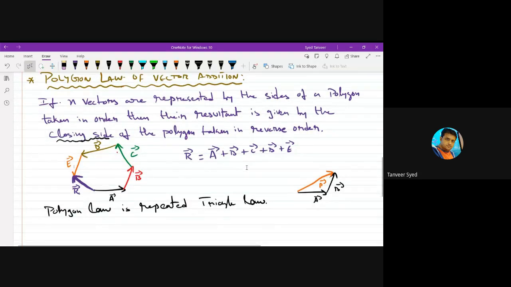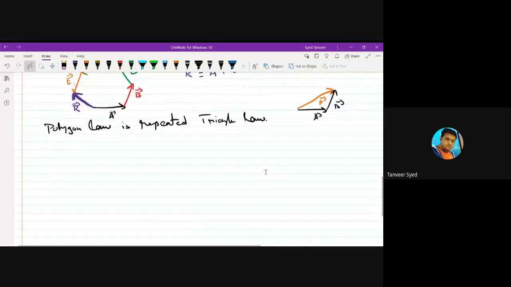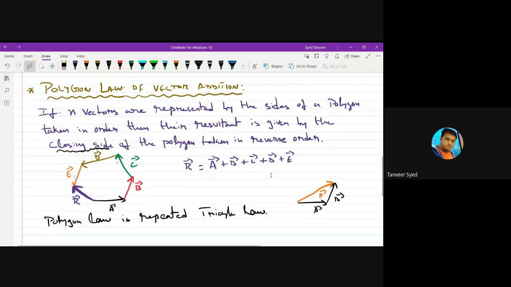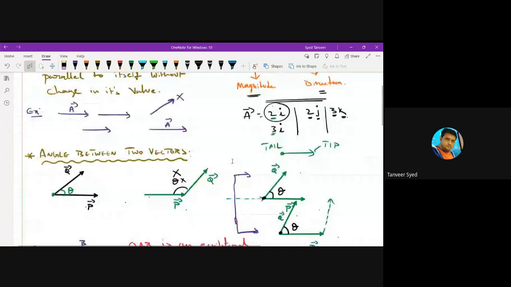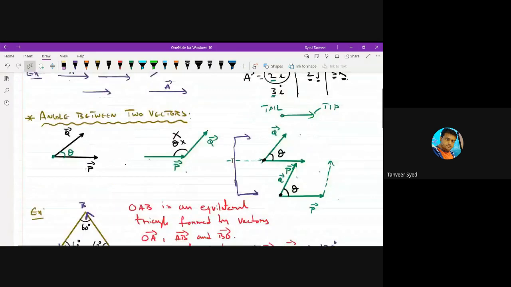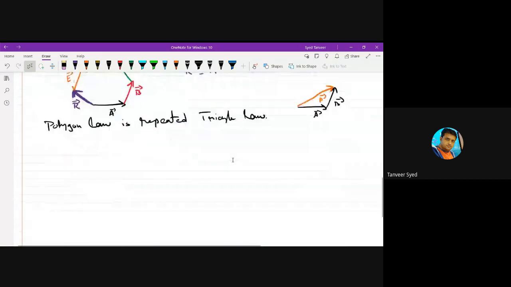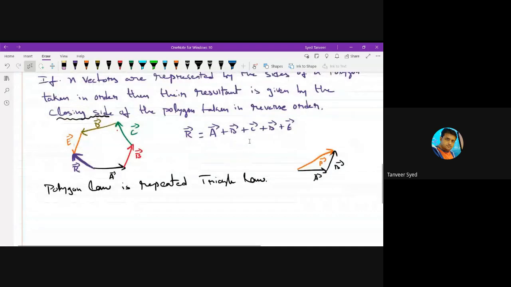Polygon law, right? Next, the third law that we have, the third graphical method to add vectors, is the most important one. But I think you might not be able to finish it.